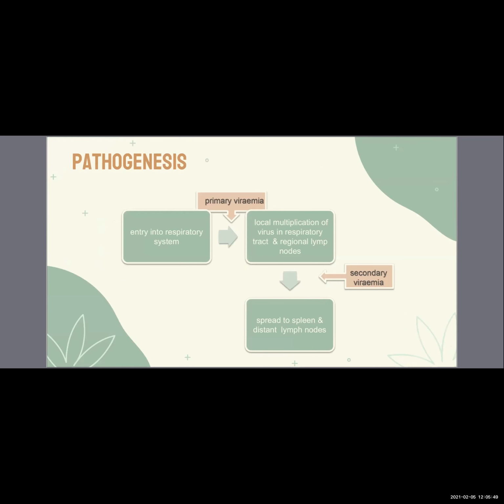The pathogenesis is almost similar to the previous viruses, where it gains entry into the respiratory system, and then starts to locally multiply in the respiratory tract and regional lymph nodes, and then further spreads to the spleen and distant lymph nodes.